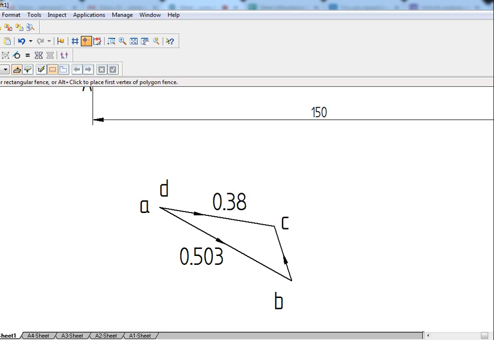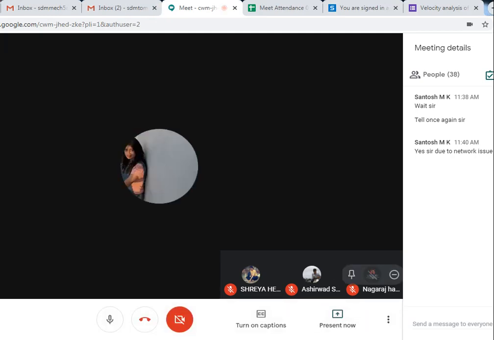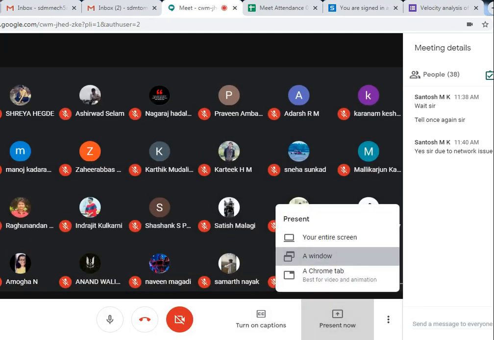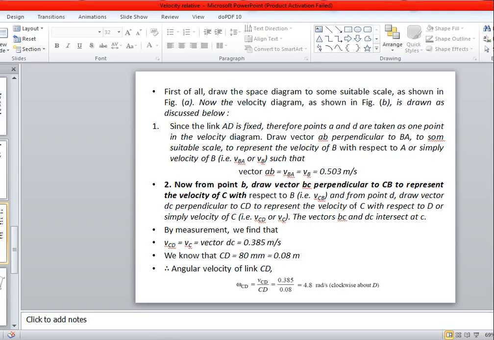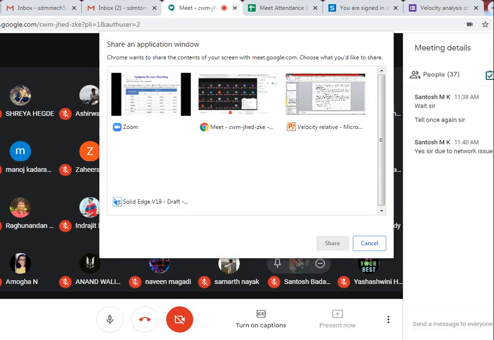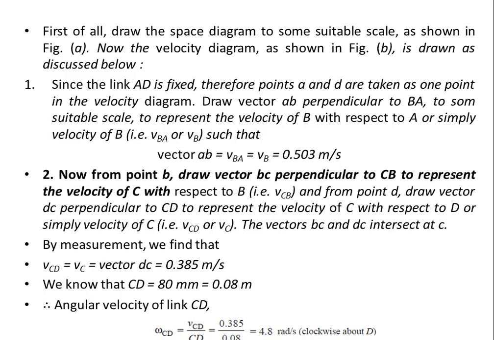So from CD, you got DC as 0.385, and CD you know is 80 mm, so that is nothing but 0.08 meters.